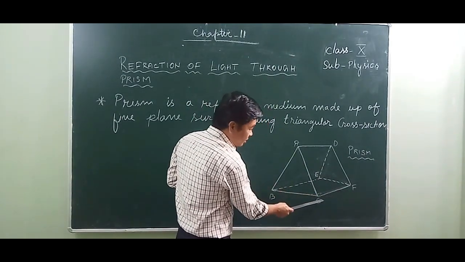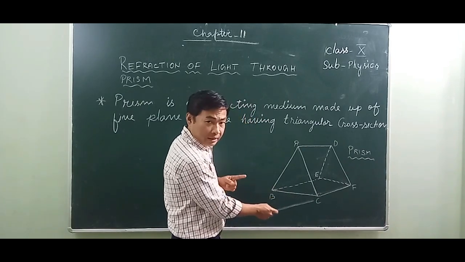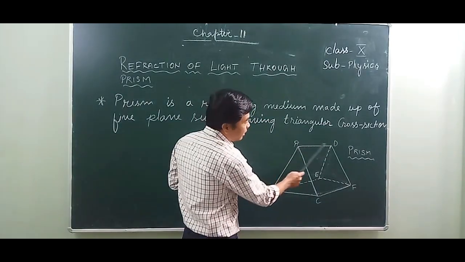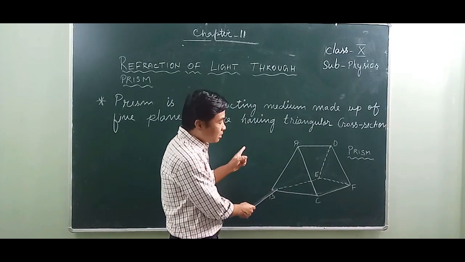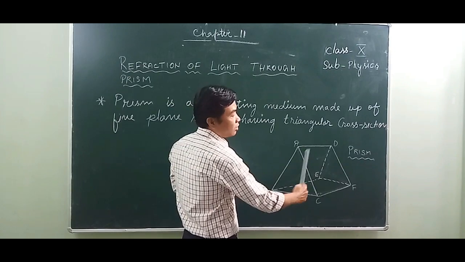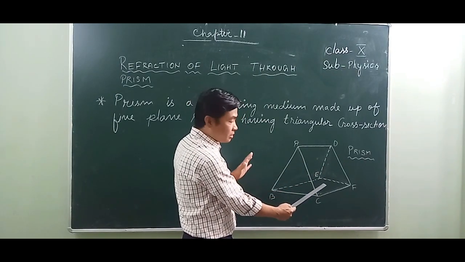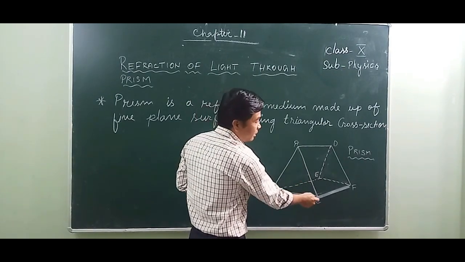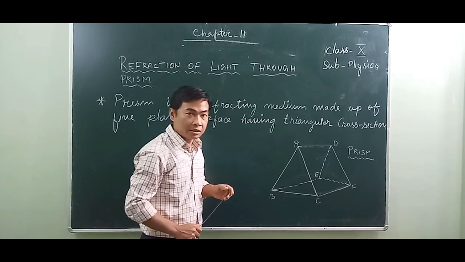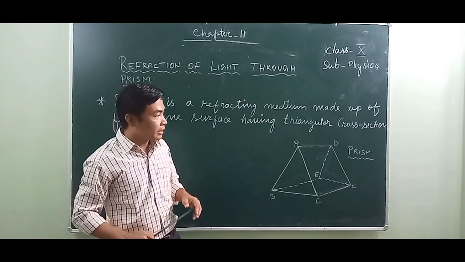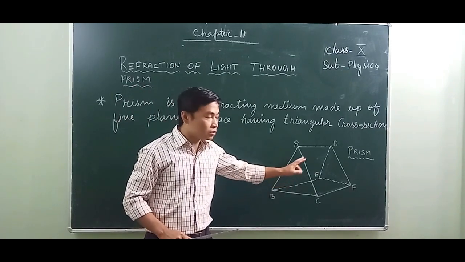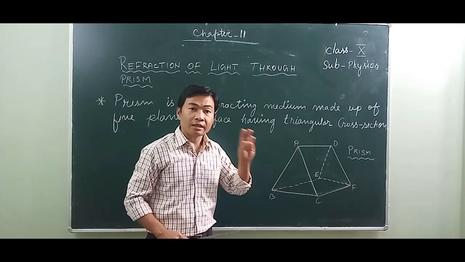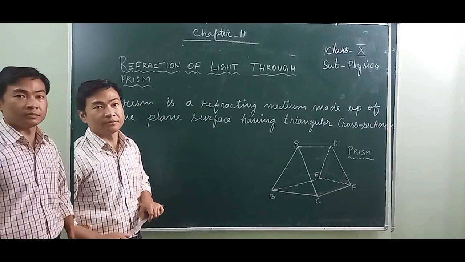EFCD, a rectangular surface. ABED, another rectangular surface. And on the opposite side of the prism, DEF, a triangular surface. So a prism has 5 plane surfaces, including 2 triangular surfaces and 3 rectangular surfaces.